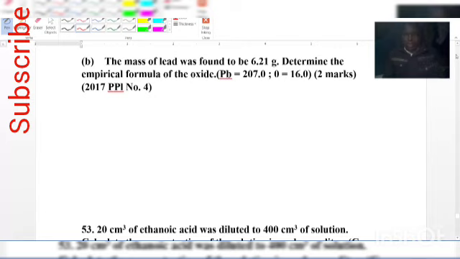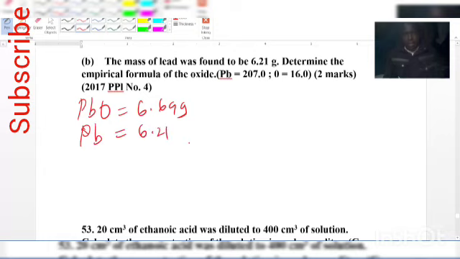The mass of lead was found to be this, determining the empirical formula of the oxide. So remember, initially the mass of lead-2 oxide that was placed was 6.69 grams. So the mass of lead was found to be 6.21 after reduction.